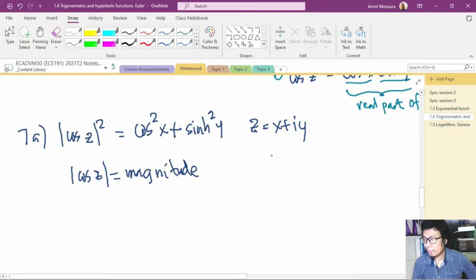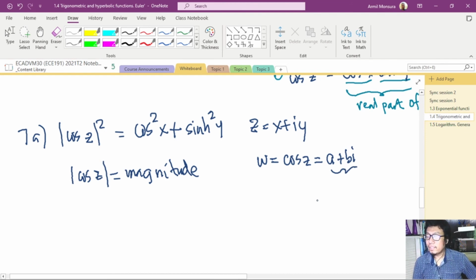Say for example, let w equal cosine of z, which should lead us to say that the number is a plus bi. Again, if cosine of z is a complex number, it would take the rectangular form a plus bi.